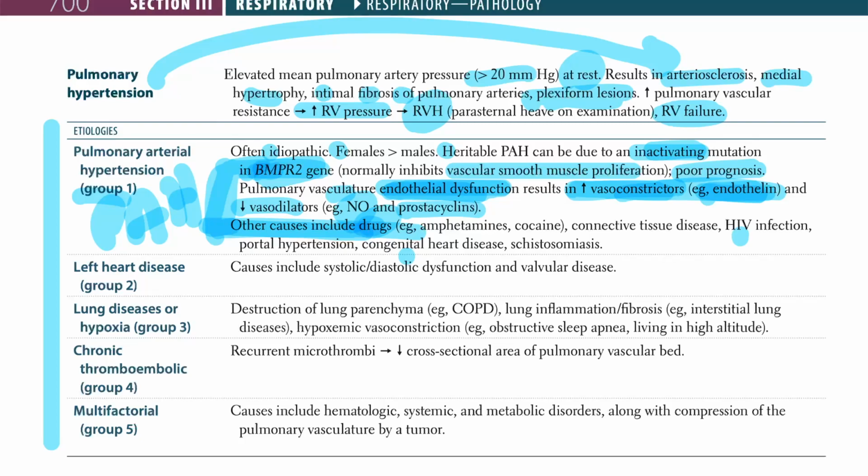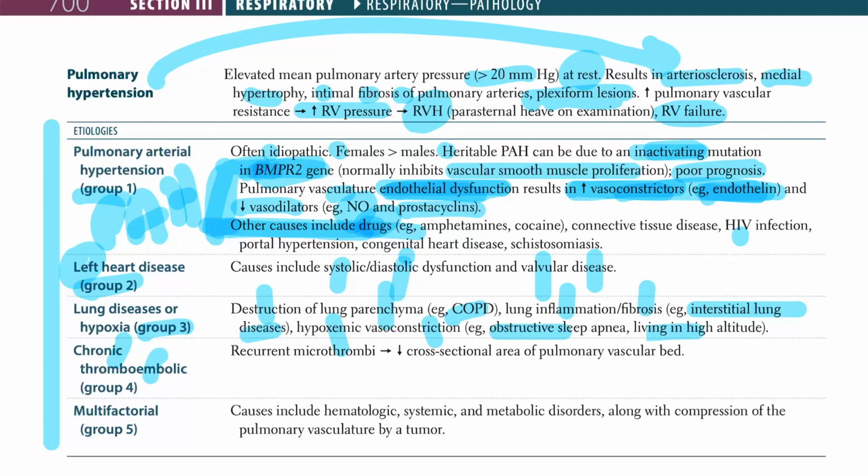Right. The next one is your left heart disease. What is left heart disease? It is caused by systolic and diastolic dysfunction and valvular diseases. Then you have group 3, which is lung disease or hypoxia. So destruction of the lung parenchyma, which is COPD, lung inflammation, fibrosis, interstitial lung disease, hypoxic vasoconstriction, obstructive sleep apnea, living in high altitudes.